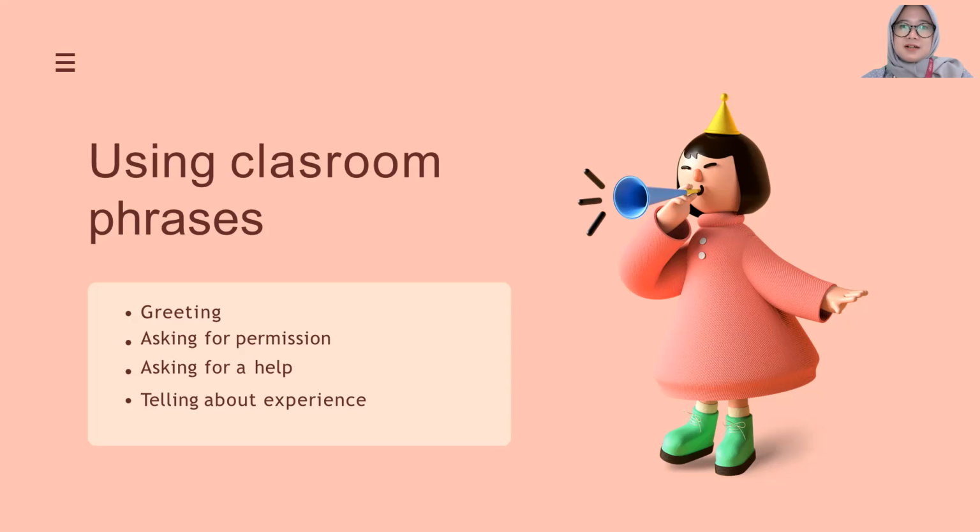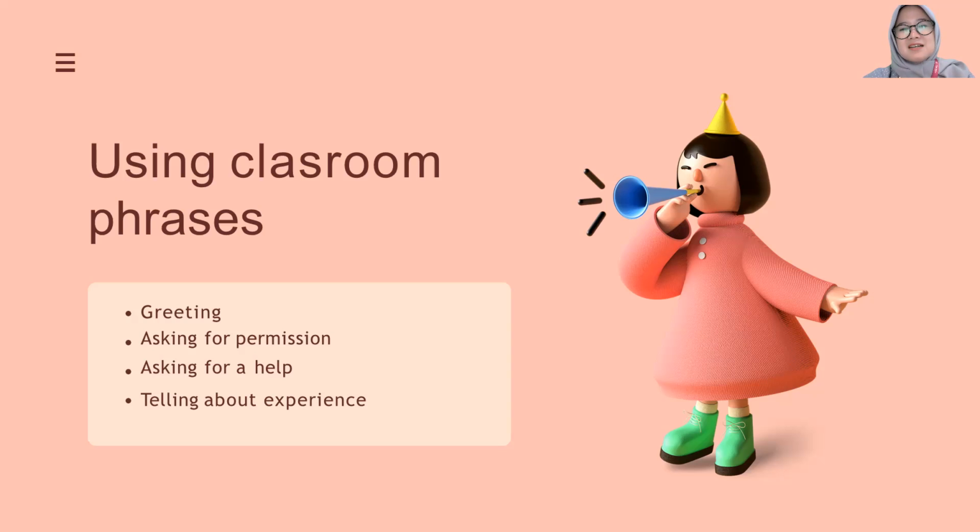And then asking for help. For example, when your student needs you to explain something, okay, try to say it also in English. And telling about experience. You can also teach your students to share what happened to him or to her. Okay, like for example, today I lost my pen.